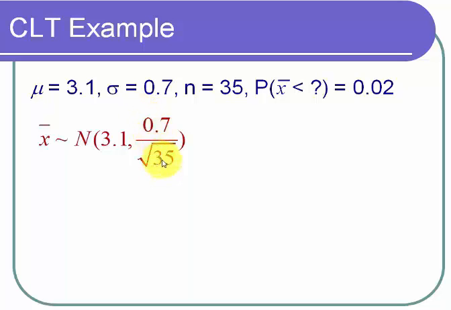That's sigma over the square root of the sample size. This time we want to find the second percentile. So that means we want to find out what value of x bar will be such that the probability that x bar being less than this value is 0.02 or 2%.